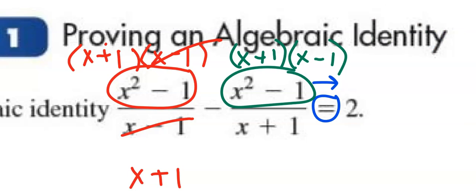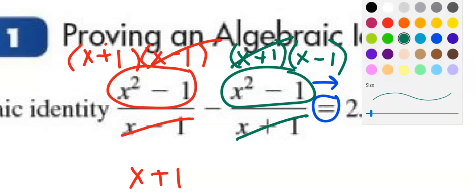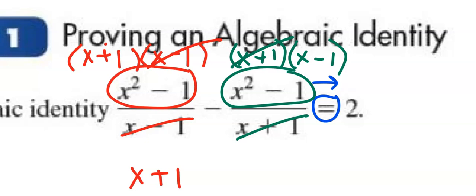And what's canceling out for the green one on the right? The x plus 1's. Do not be the kid who says, oh, the x's cancel out and the 1's cancel out. That's killing me, folks. The quantity x plus 1 is what canceled out.